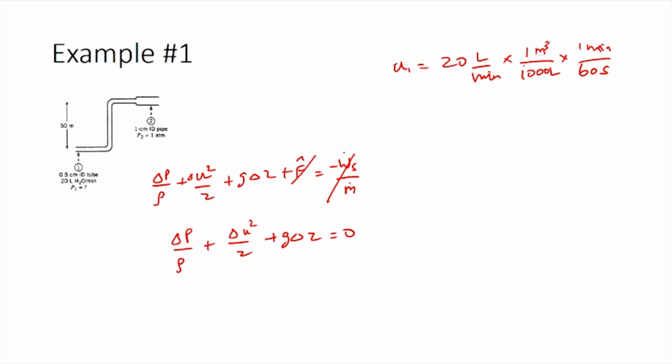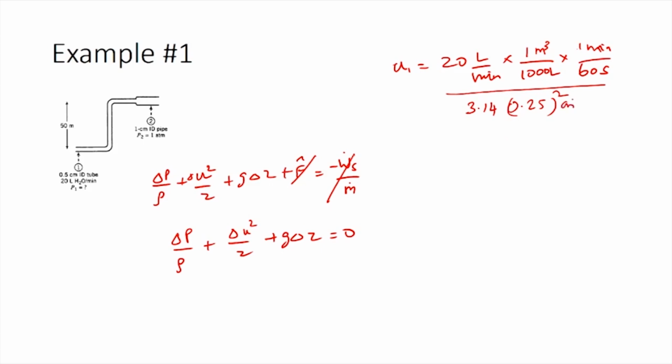So, this is now converted to meter cube per second. We want to divide this by cross sectional area, which would be pi r squared. Pi is 3.14, r here is 0.25 squared. This 0.25 is the radius of the pipe at point 1. So, this is in terms of centimeters, so we need to convert this to meters.